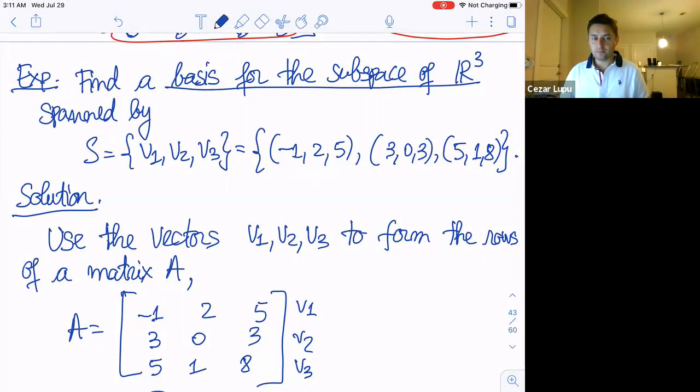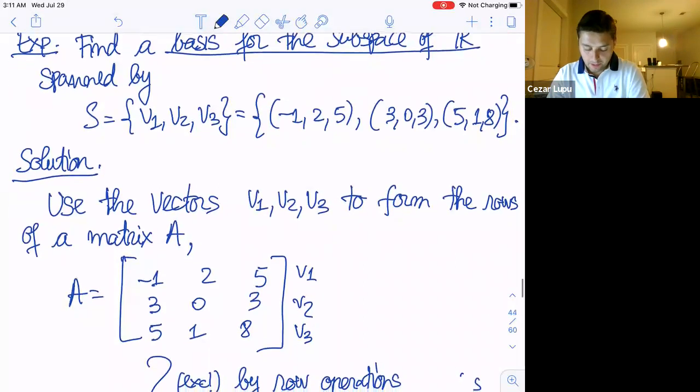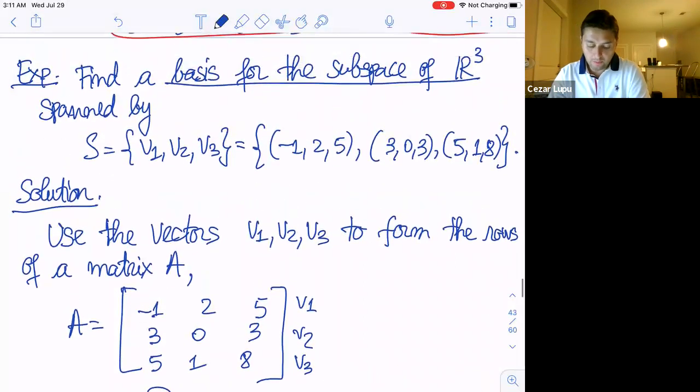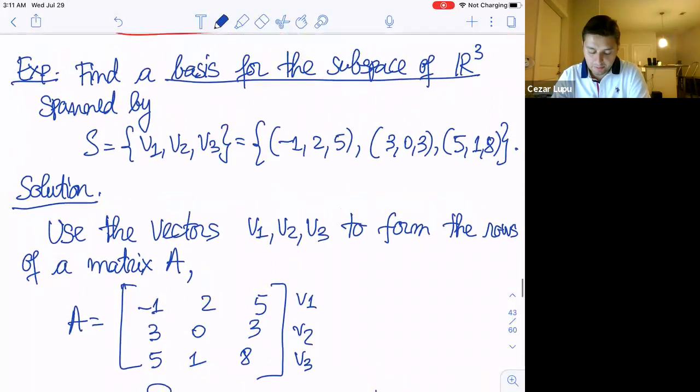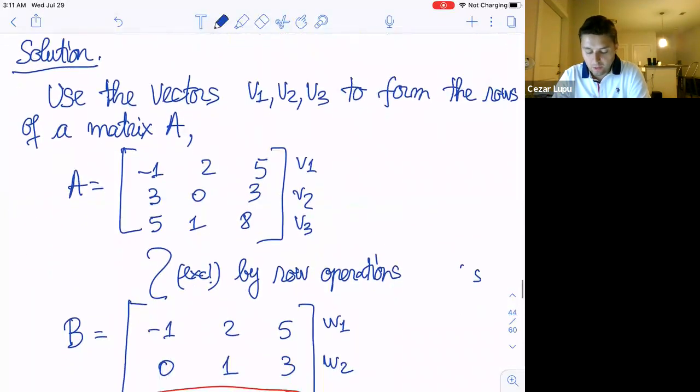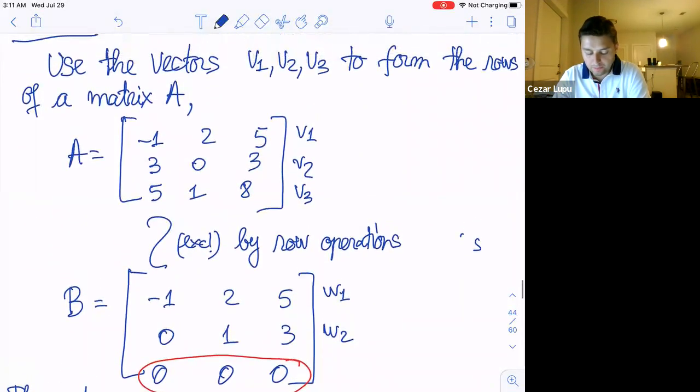Okay. And if you look at this matrix, -1, 2, 5, right? This is the first vector. And now we want to perform elementary row operations to this matrix. And again, if we do this, guess what?